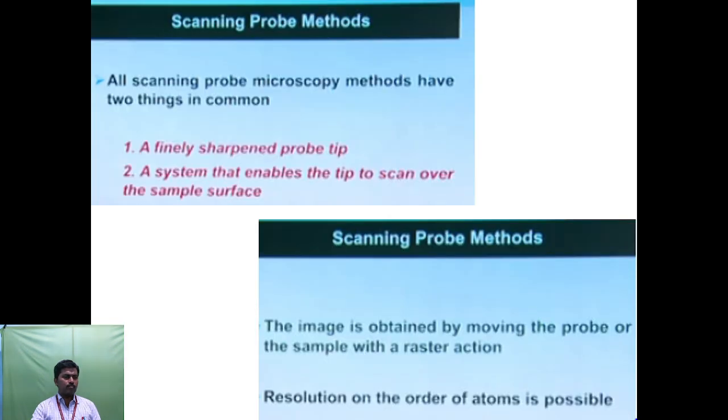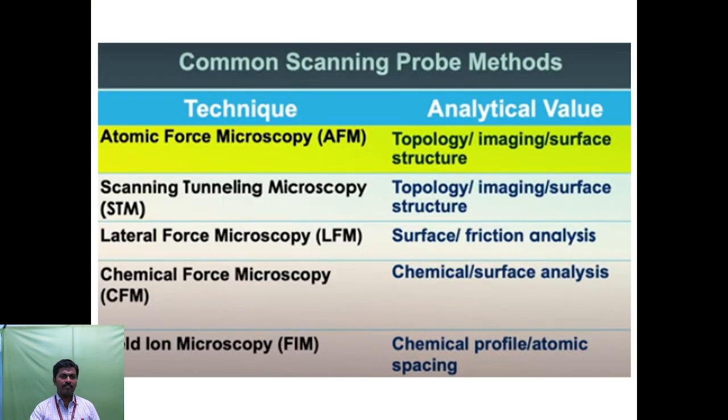Scanning probe method. All scanning probe microscopy methods have two things in common: a finely sharpened probe tip, and a system that enables the tip to scan over the sample surface. In scanning probe methods, the image is obtained by moving the probe or the sample with a raster action. Resolution on the order of atoms is possible.